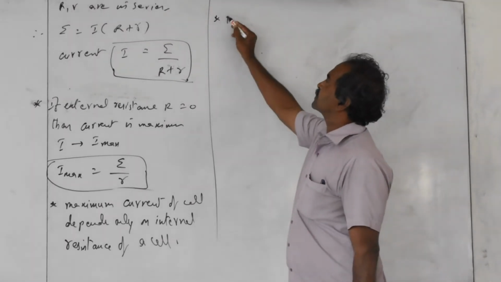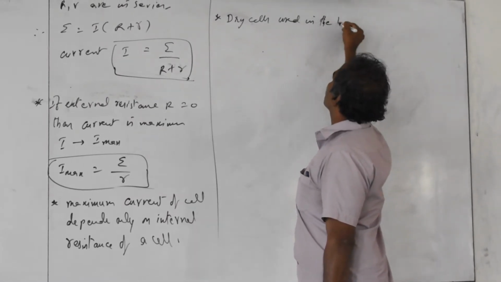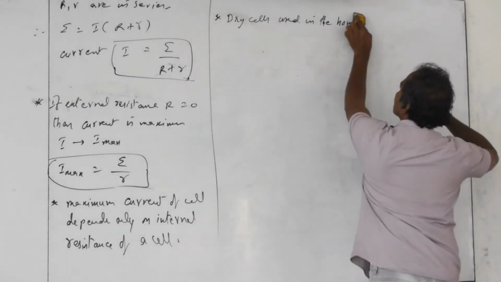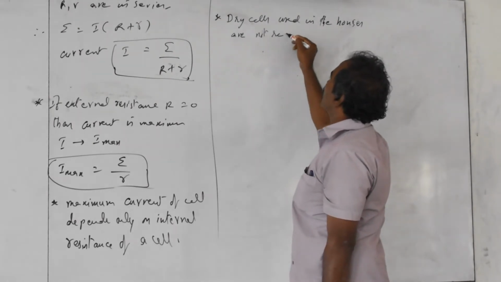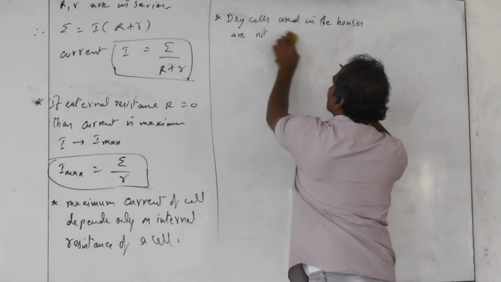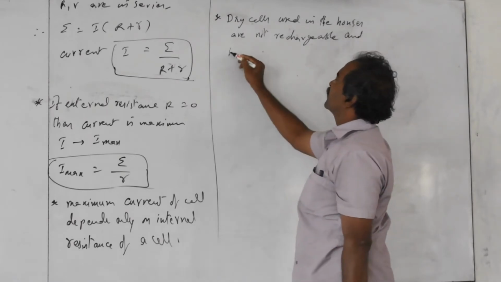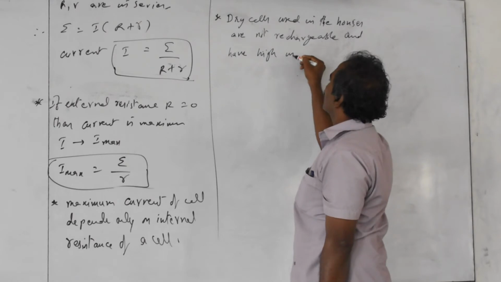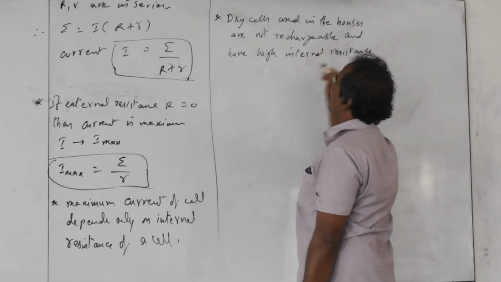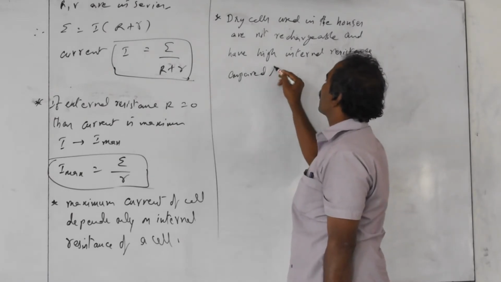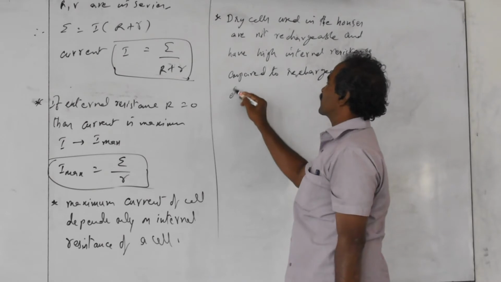And usually the dry cells in the houses are not rechargeable cells, and have high internal resistance compared to rechargeable electrolyte cells.